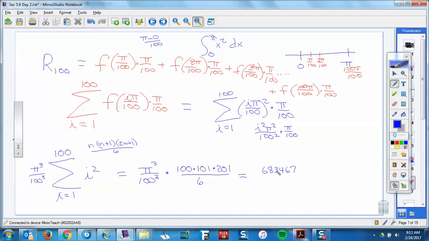Six, 8, 3. Oh, sorry. I got 6767 times pi cubed over 2. That's way too big. I got 6767 pi cubed over 20,000.